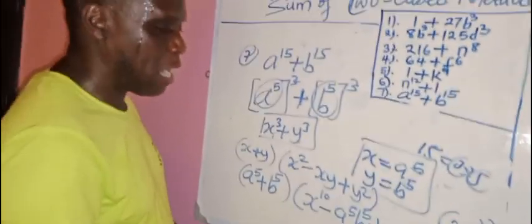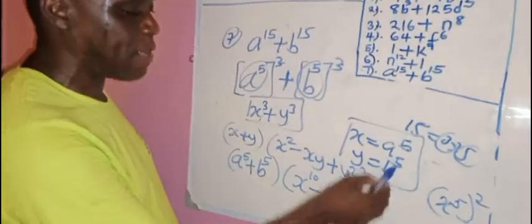Now, our y is b raised to power 5. Then you square this. That would be b raised to power 5 squared. Exponent multiply exponent. Oh, sorry, I'm supposed to write a raised to power 10. That would be b raised to power 10. That is the answer. This is the quadratic component.